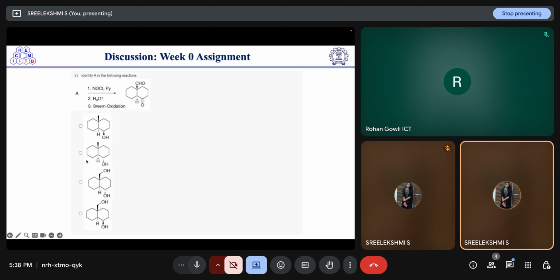So whatever starting material we use here, firstly that OH will be converted into ONO, and that ONO will be cleaved, forming an O radical and an NO radical. Then from the delta position a hydrogen radical will form, and that radical will combine with the NO radical.